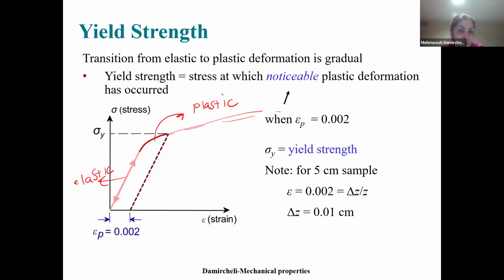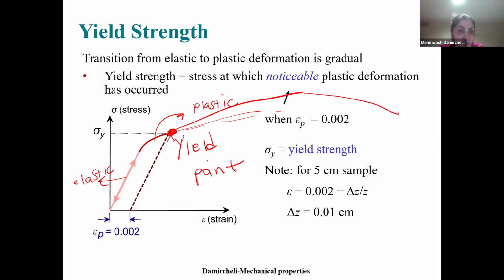What should we do? We specify epsilon p of 0.002 and draw a line completely parallel to the linear part. It intersects the continuation of the stress-strain curve at this point. This point is the yield point.